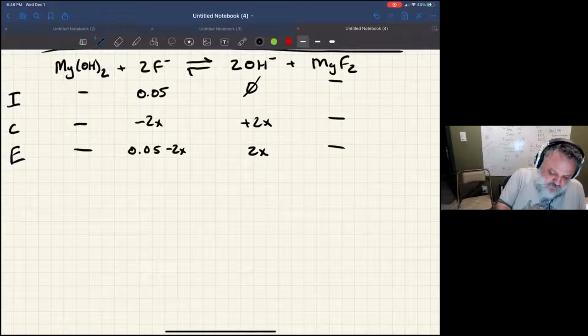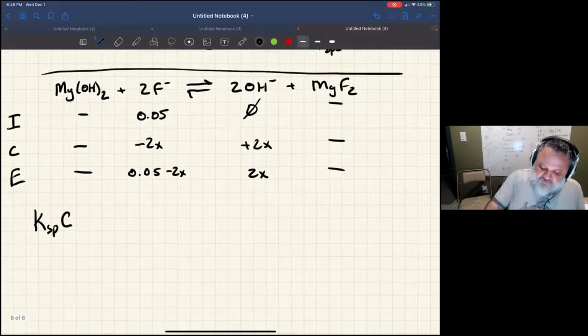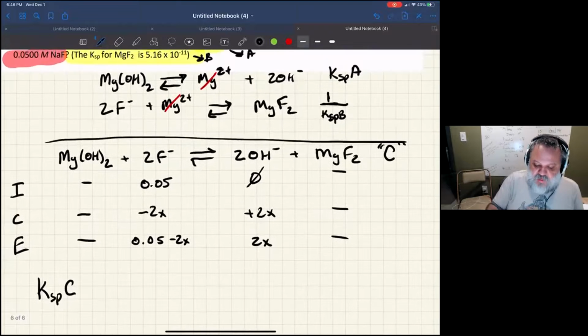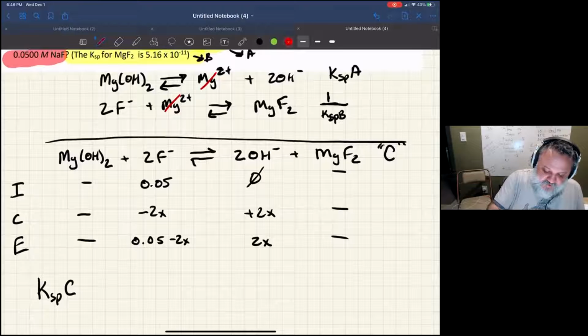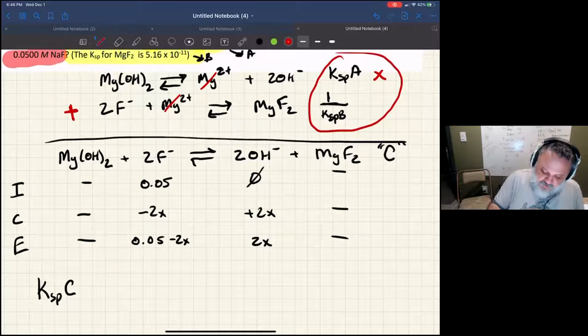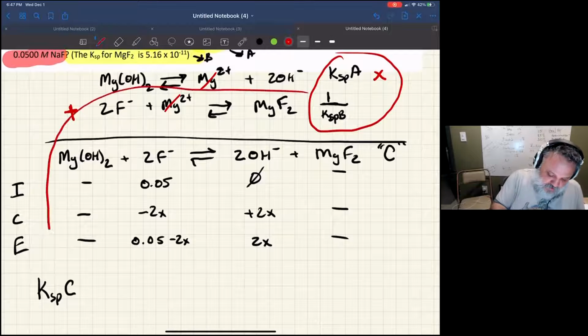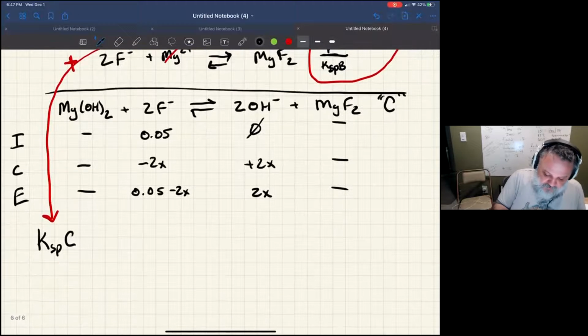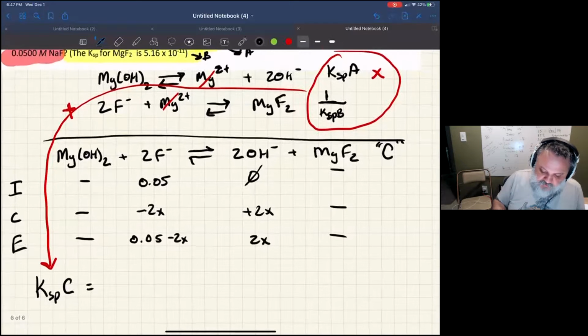Okay, well, what's the equilibrium constant for this new reaction, reaction C? Well, what happens when I add the two reactions together? When I add the two reactions together, I multiply the two equilibrium constants together. So KSP for the new simultaneous equilibrium equals the product of the two previous equilibrium constants.